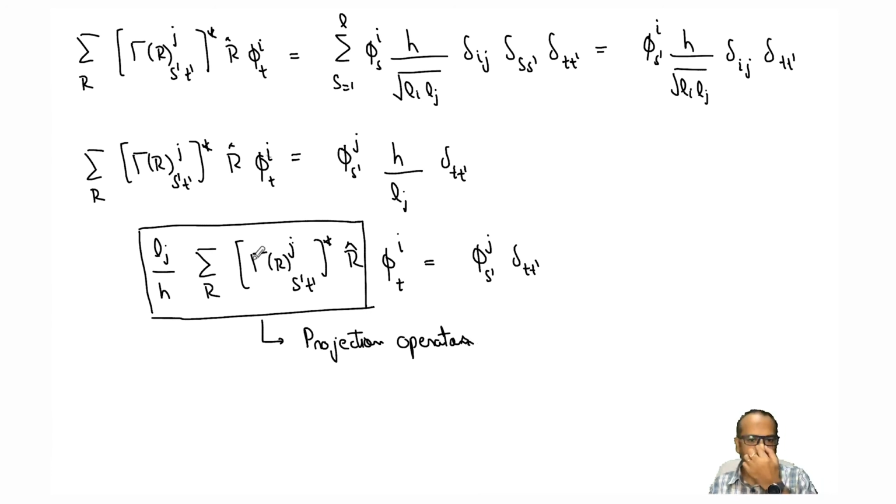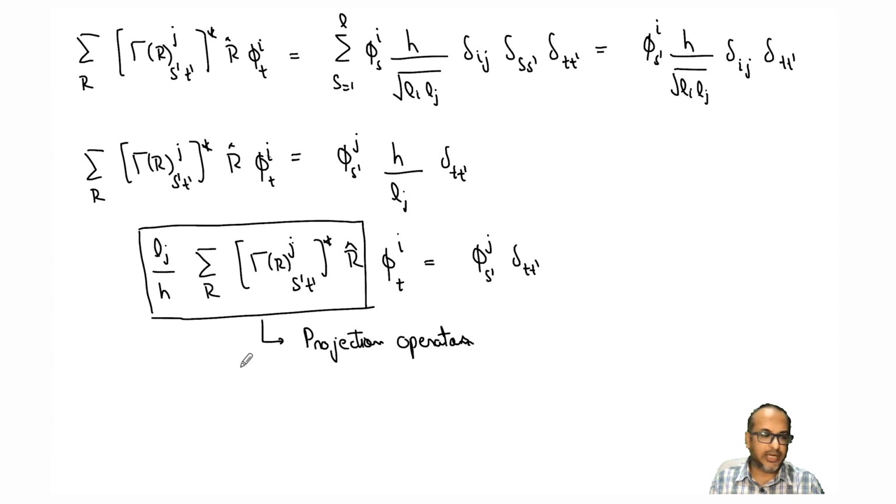See what this operator is doing: it is operating on a function which is the basis of the ith representation, and it's actually giving you a function which is the basis for the jth representation here, right?